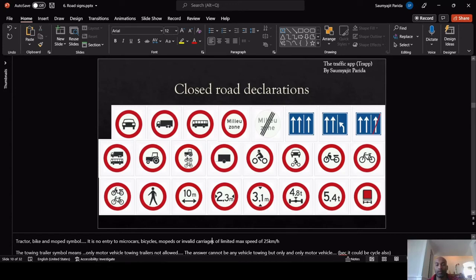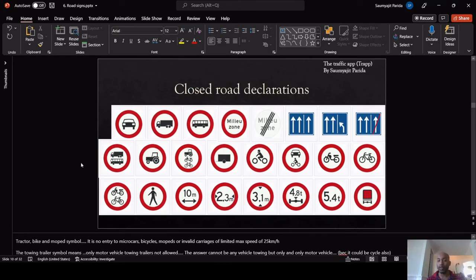Here, as I mentioned earlier, there is no entry to microcars, bicycles, mopeds or invalid carriages. Here there is no entry to invalid carriages. This is very important to understand. No entry to invalid carriages means all the vehicles which have a maximum speed limit of 25 to 30 km per hour are not allowed on this road. So sometimes these traffic signs could be confusing.